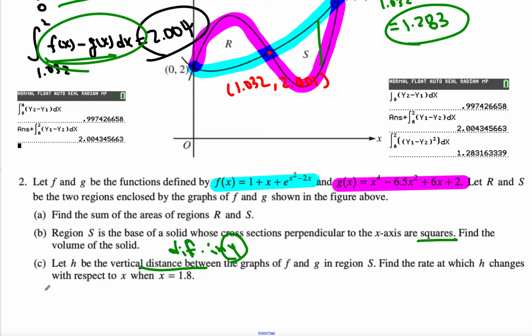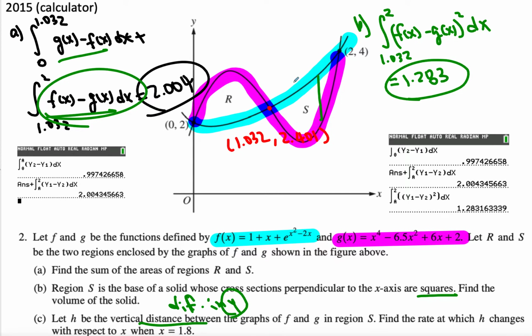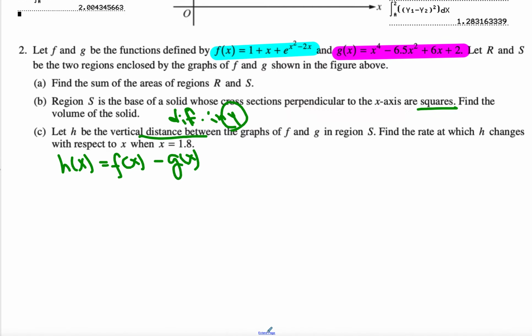So then what I'm looking at here is, well, I'll say h of x is equal to f of x minus g of x, because we are on the section S here, blue minus purple. But we're looking at the rate of change. So dh/dx is in fact equal to f prime of x minus g prime of x. That's what I need to do.